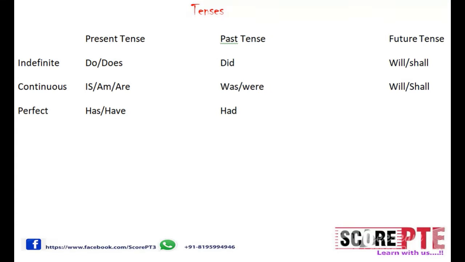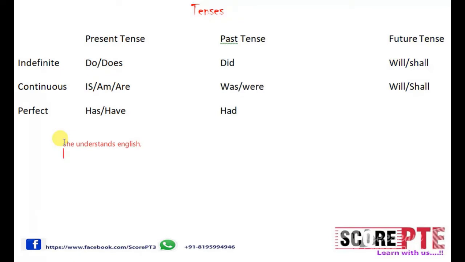Now moving to another part of tenses, the forms which are used in tenses for indefinite, continuous and perfect tenses. Okay, in indefinite tenses you will get a simple sentence like "She understands English."